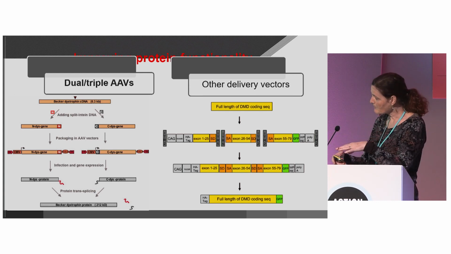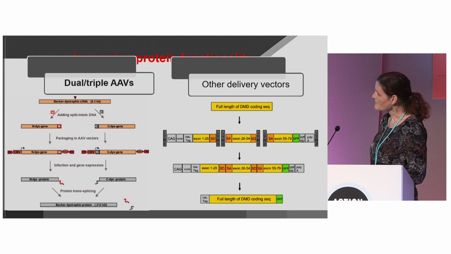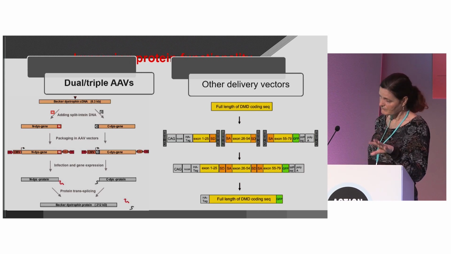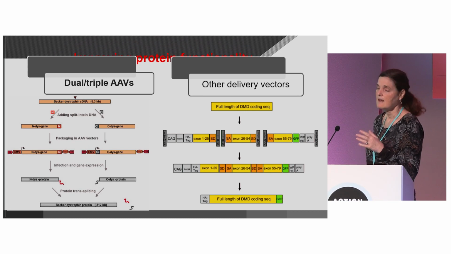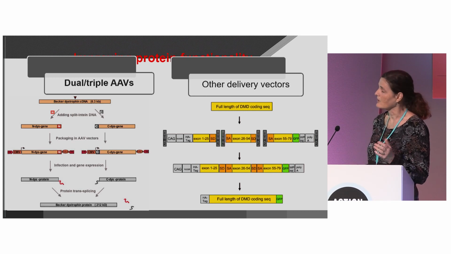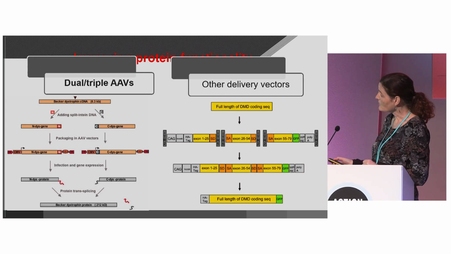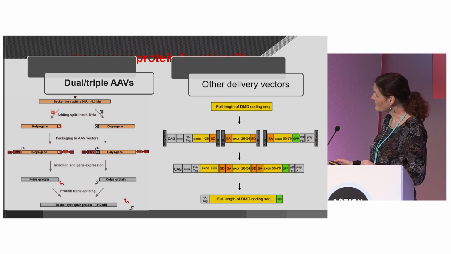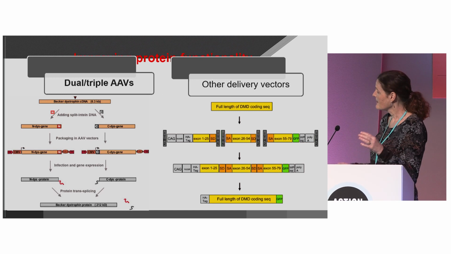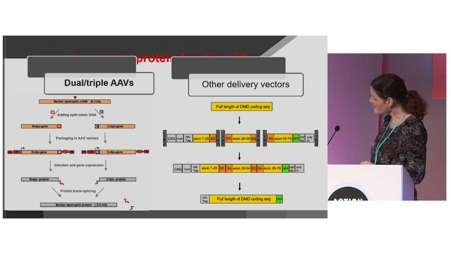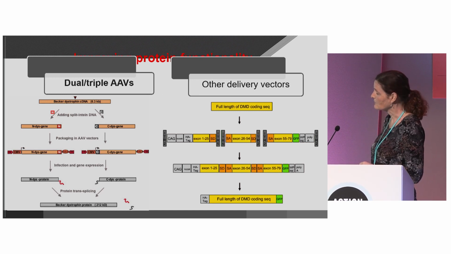You deliver both together, and the signals between them will join them together, so you get a longer protein than the microdystrophin expressed in the muscle, so it's more functional. This is work that was done in the lab I was in. We can also divide the full-length dystrophin into three and package each one into its own AAV, and then these will get spliced together to make the full-length dystrophin.